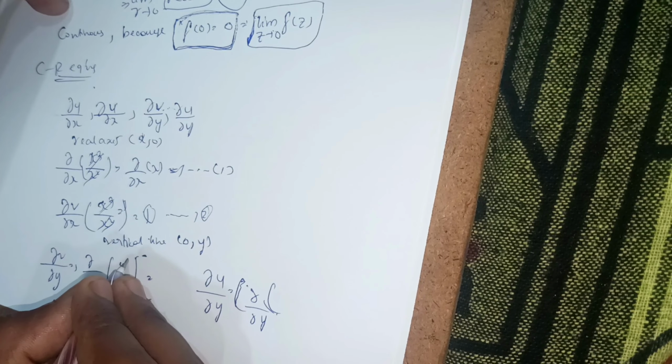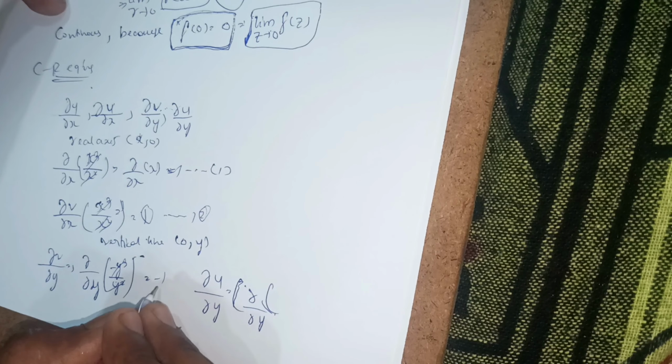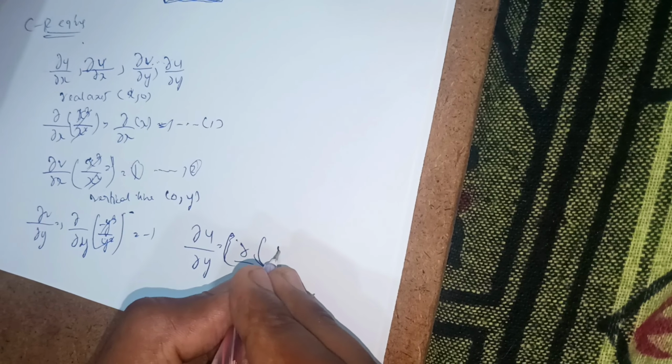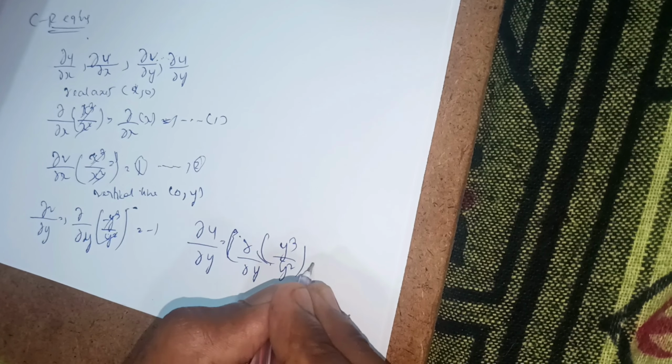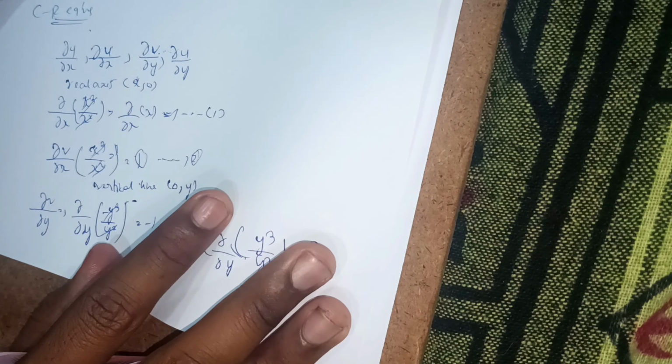So y cube minus y cube by y square, here we get the answer as minus 1. Next, y cube by y square, here we get the answer as 1. So for the CR equations to be satisfied, we have the conditions: dou u by dou x equal to dou v by dou y equal to 1.